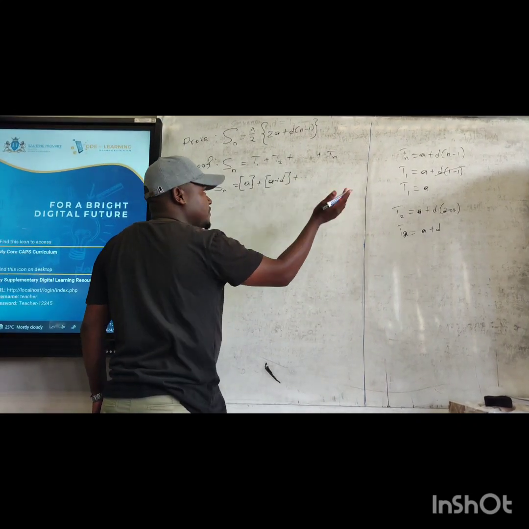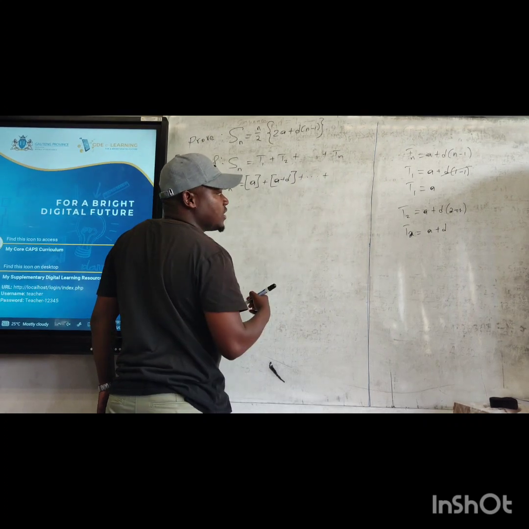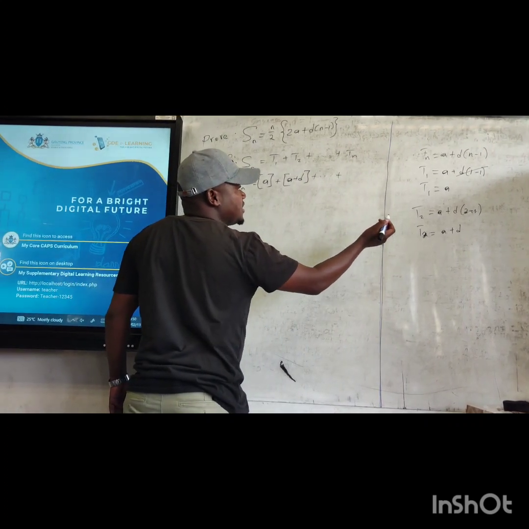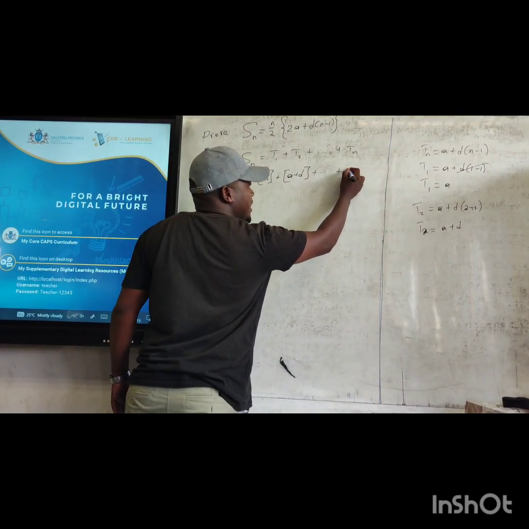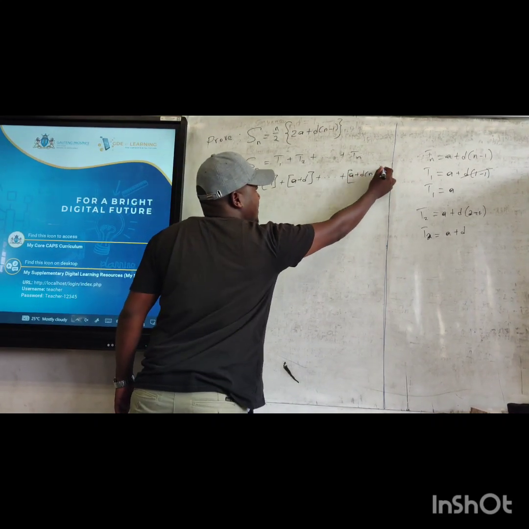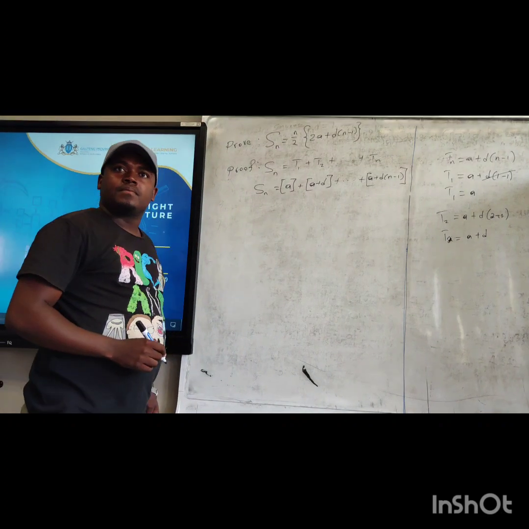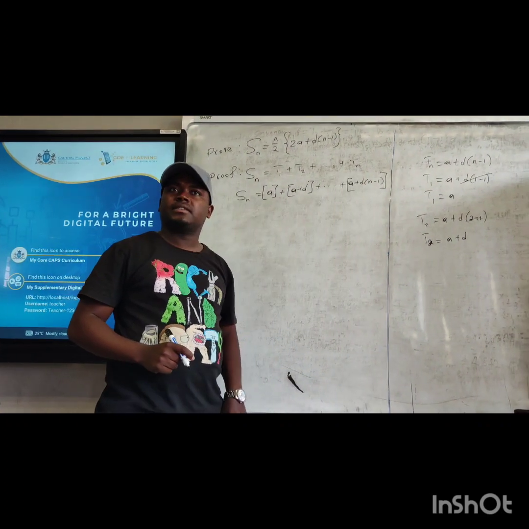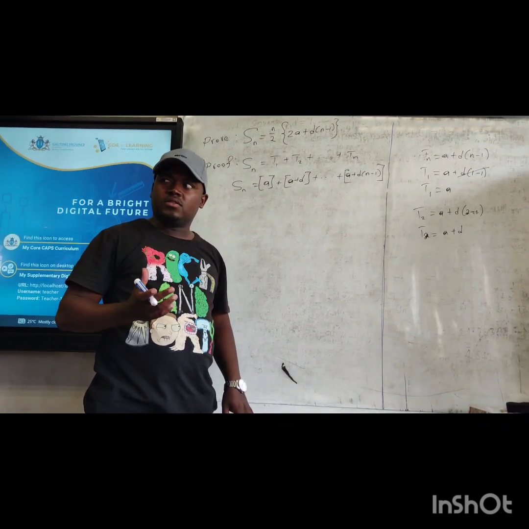But I don't need all of them. I need the last one. The last one is Tn, which will be A plus D into n minus 1, because that is Tn. You get what I'm saying?